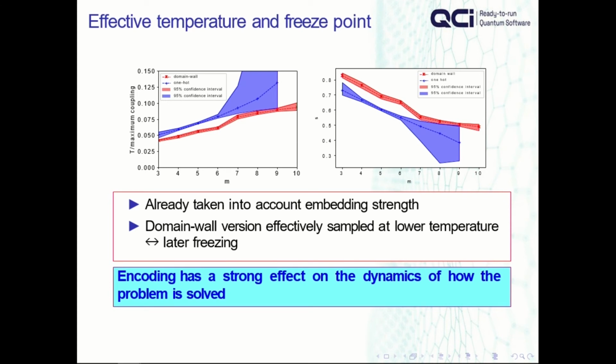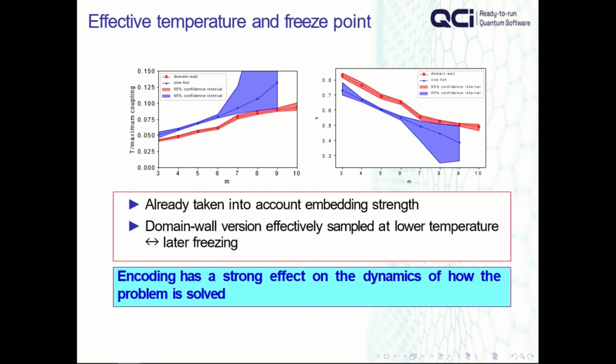We can also calculate this S parameter, where does it freeze? And what we found is that you're freezing effectively later with the domain wall encoding. So your physics is working better if you're using a more clever encoding. And I'll talk about why that might be later on.